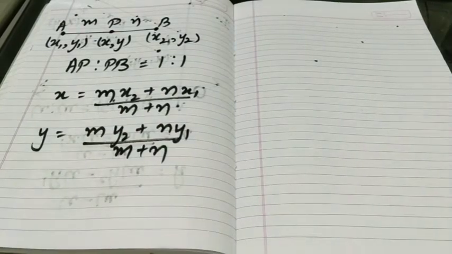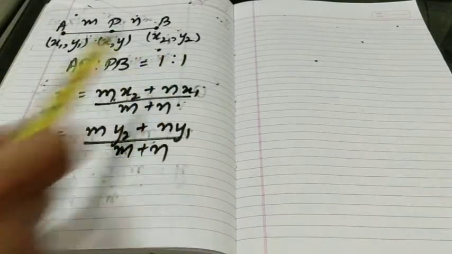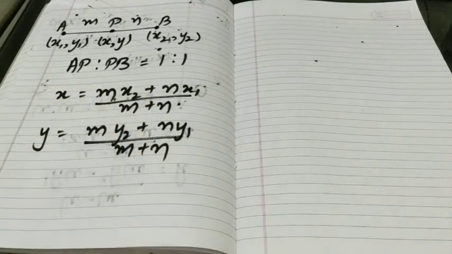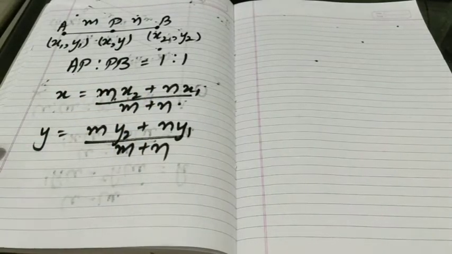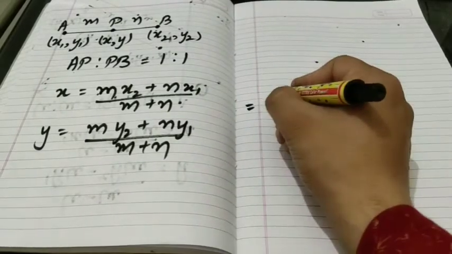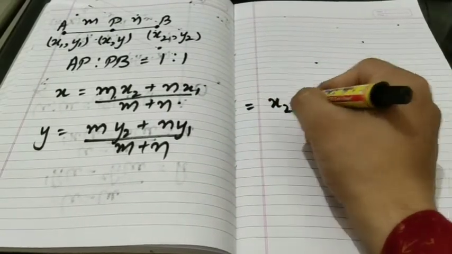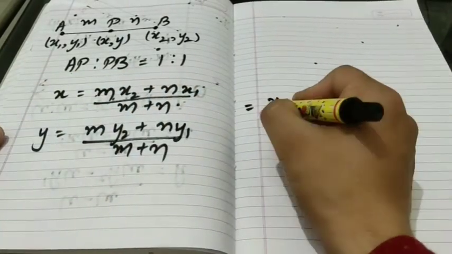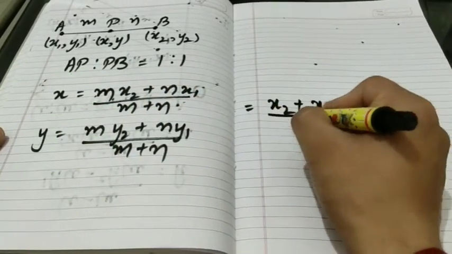Since AP to PB is 1:1, I am going to replace m and n by 1 each. So the x coordinate will become 1 into x2, that is x2, plus 1 into x1, which is x1, whole divided by 1 plus 1, that is 2.